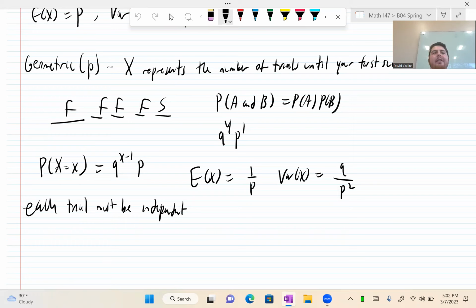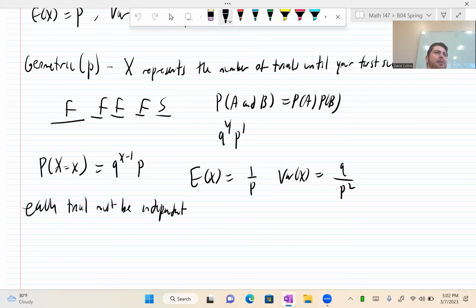If I had a box with a bunch of different colored marbles and I picked one out and looked at it, is it red or blue? And I'm looking for red, right? Every time I pick a red out, that's geometric if I put it back. If I do not put the red back in, that is not geometric because the trials are no longer independent. Taking them out changes the probability. But if you put them back, that's independent.